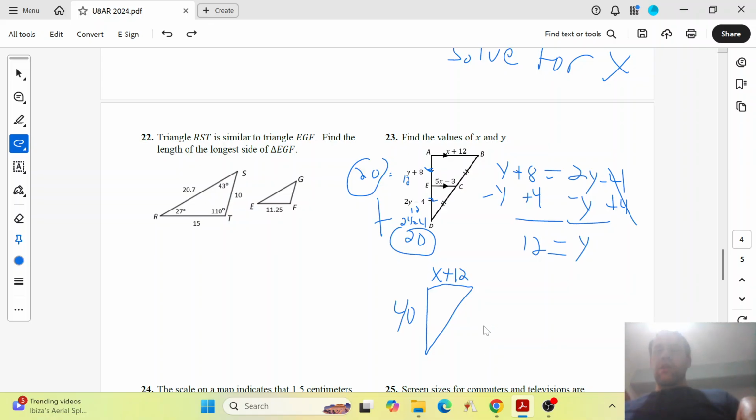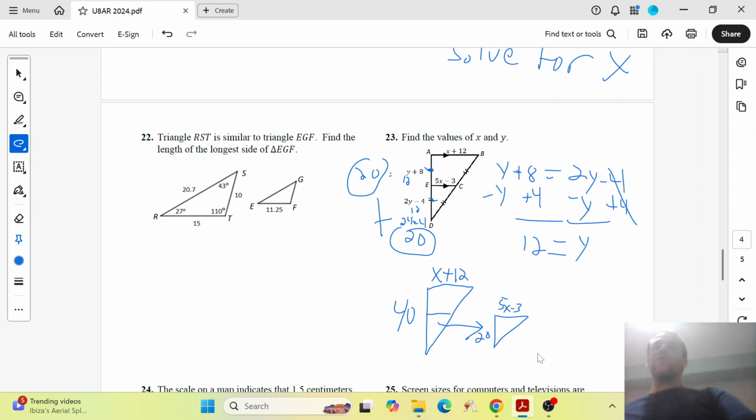That little triangle also has 20, because we already figured out what this side is. But then you have 5x minus 3. So we have two similar triangles that you're going to have to do a ratio with.